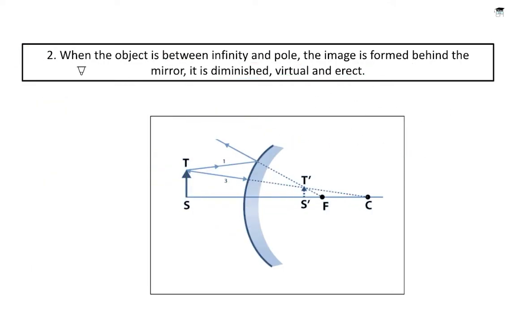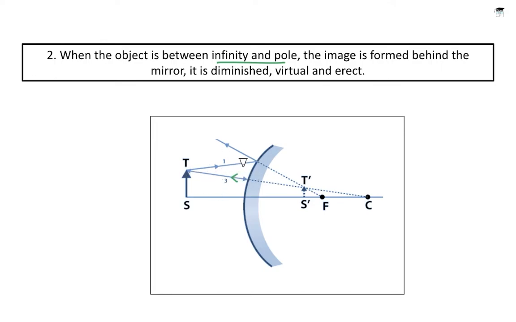Let's check the image of this case when the object is between infinity and the pole. So here is our object. We have taken two rays. The first one appears to pass through the center of curvature and is reflected back in the same direction.